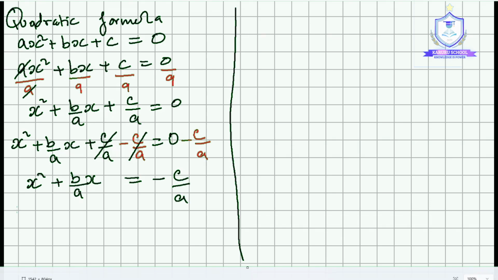The next step, complete the square on the left hand side of the equation. So we divide the middle coefficient by 2 and then square it.